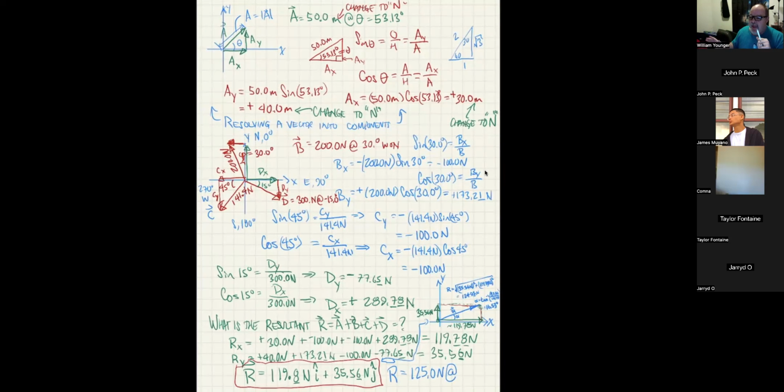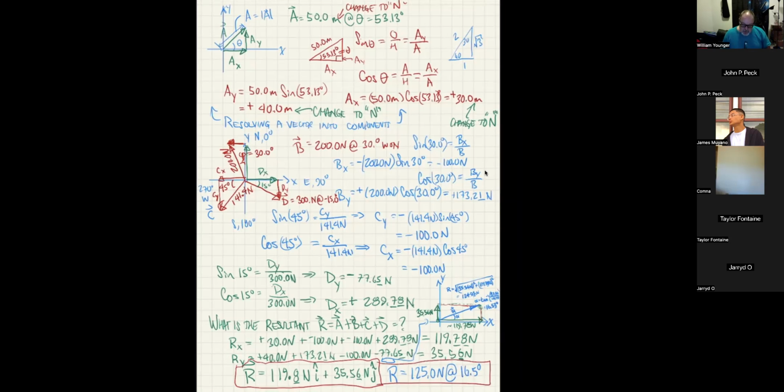If you say at and then the next number is negative, then everybody knows you're measuring it clockwise from the positive x-axis. So in this case, it turned out to be 16.5 degrees. So that too is an answer.